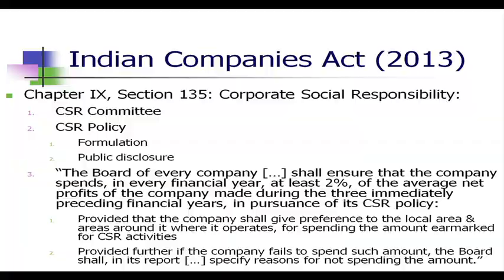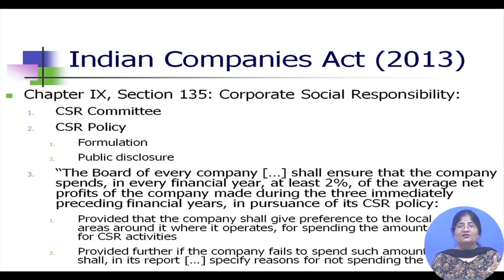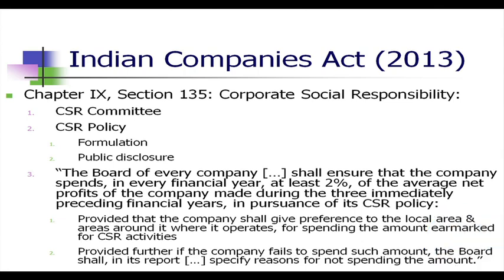CSR policy has to be formulated and publicly disclosed, shared with the stakeholders. The board of every company shall ensure that the company spends in every financial year at least 2% of the average net profits of the company made during the 3 preceding financial years in pursuance of its CSR policy, etc. So all of this information has been provided to you.